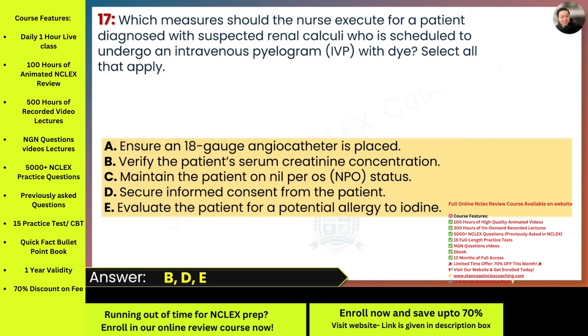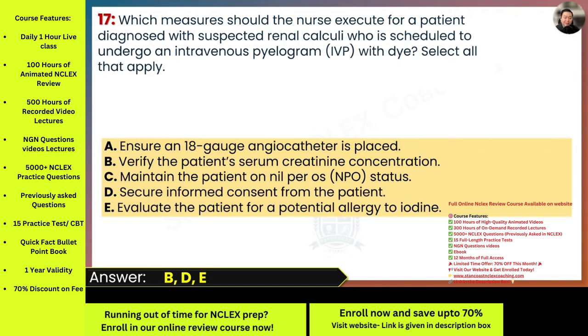Letter E, why is this correct? Evaluate the patient for a potential allergy to iodine. Now, we know that the contrast agent contains iodine, so it's important to check if the patient is allergic to this substance before administering it.